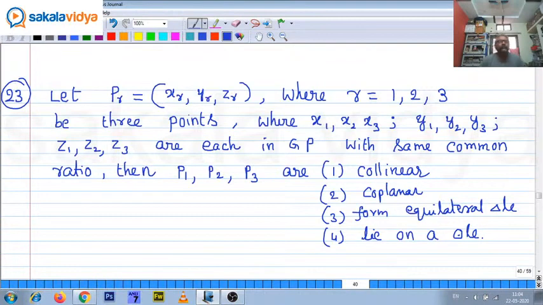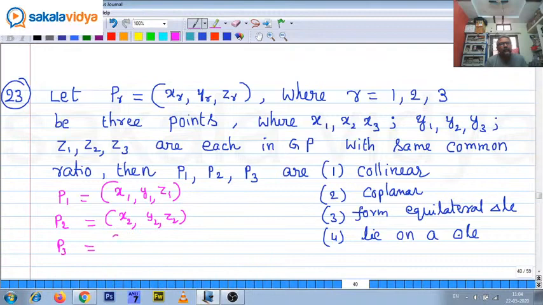So first, P1 means the first point is x1, y1, z1. First let us write the given data. P2 means x2, y2, z2. P3 means x3, y3, z3. Understood now, all of you?